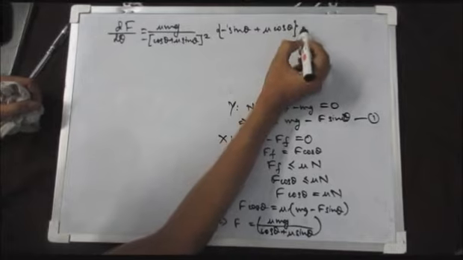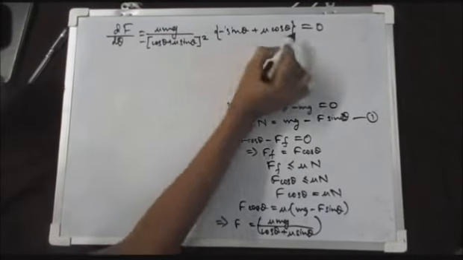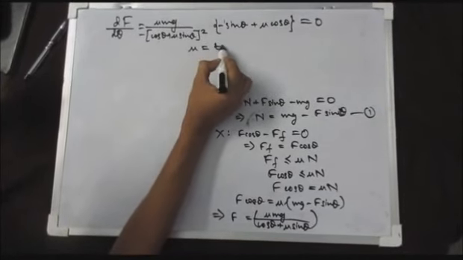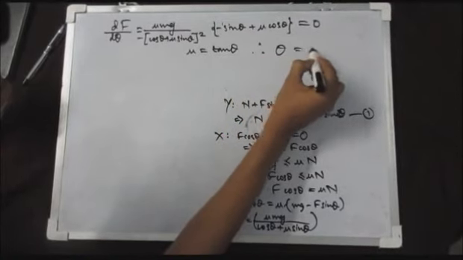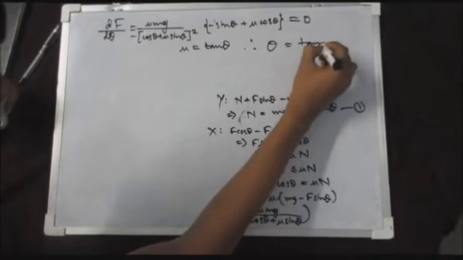Whatever happens to the first part, we don't care. This part is 0, which means that mu is tan theta. So we get the angle.